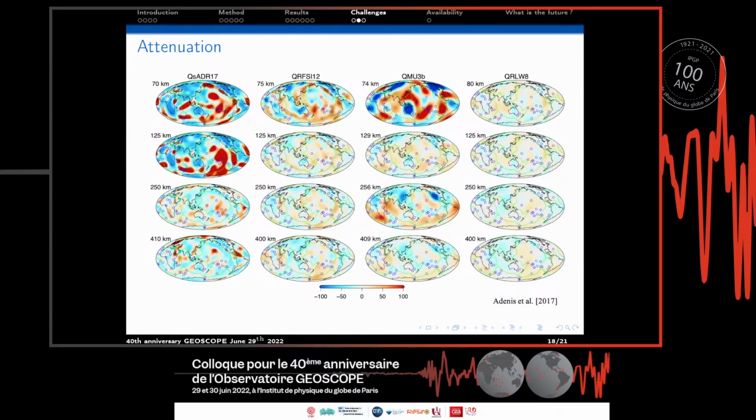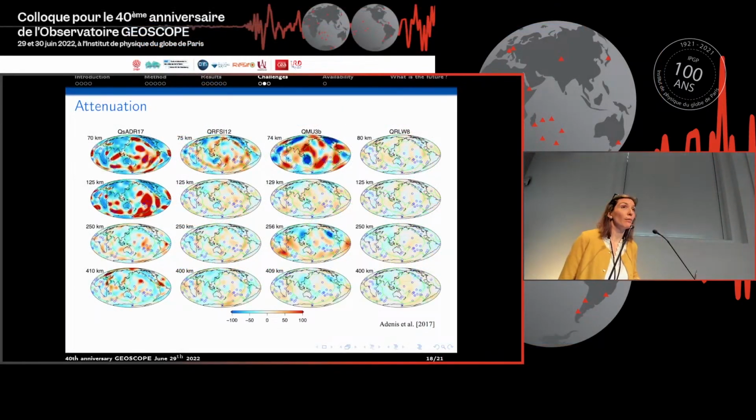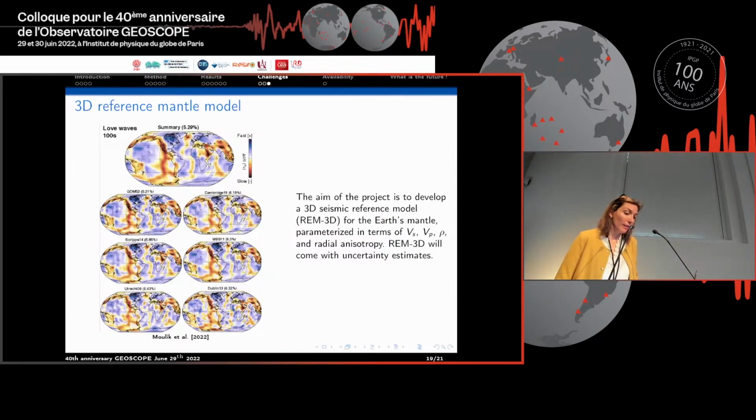I don't have a slide, but I could definitely say the same for the density structure, for which we also don't have any consensus. And in that context, I find it very interesting to have this initiative in the community, led by Vedran Lekic and Barbara Romanowicz, to build a 3D reference model. So yes, we have reached the point where maybe we could agree together on a reference data set and a reference 3D model.